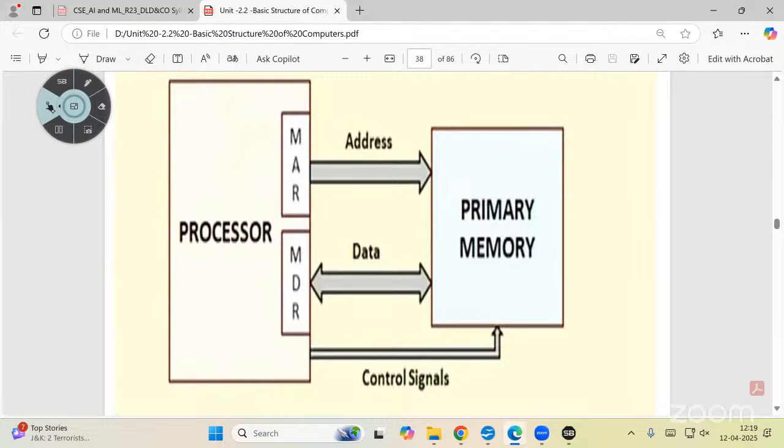The two registers are having two different arrows. Anybody can tell me why the memory address register is having a single direction and the MDR is having two directions?